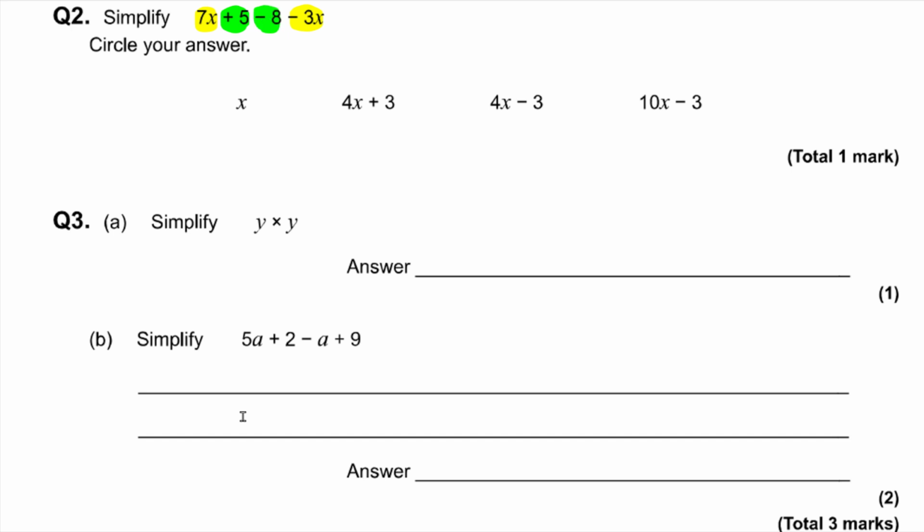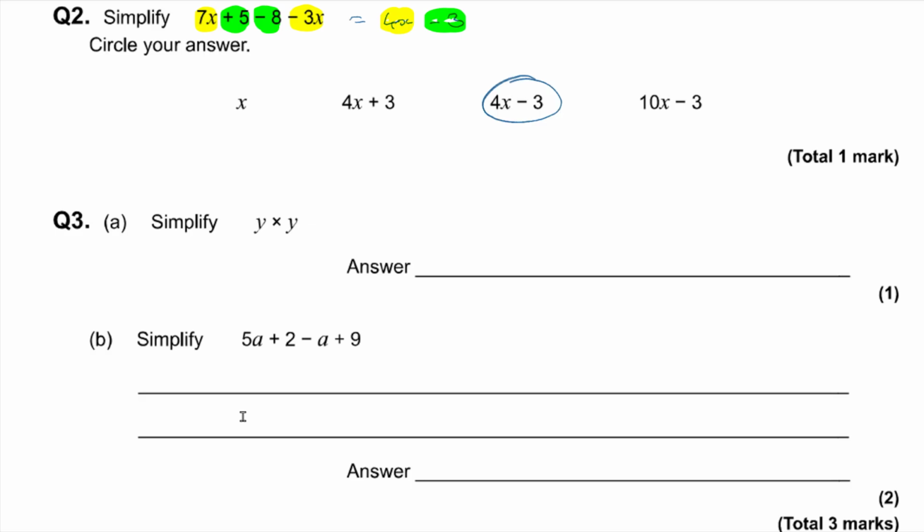I've got two number terms, haven't I? Plus 5 and minus 8. So 7x minus 3x is 4x, and 5 take away 8 is minus 3. So it's yes, that one.